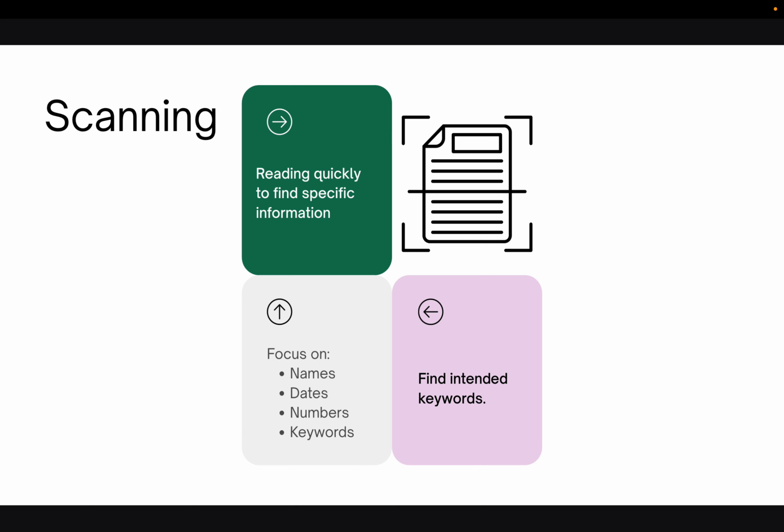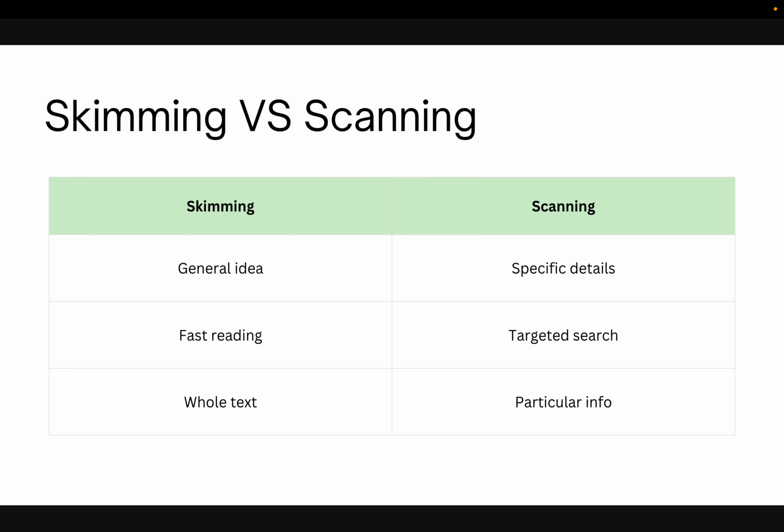Oh, disadvantages. Paragraph 4, for example. And for scanning, usually we focus on the names, the dates, the numbers, or the keywords. So, scanning, you find the intended keyword. Cari keyword yang diperlukan based on the question.